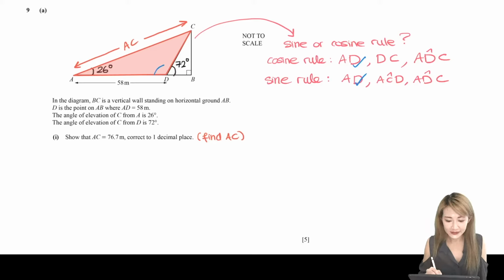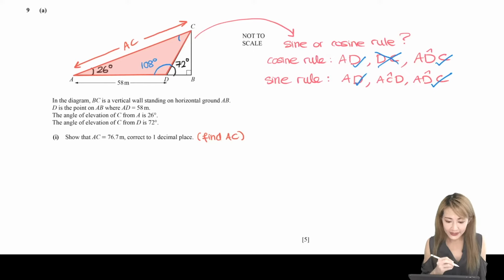Angle ADC we can find because the angle in a straight line is 180 degrees and ADB is a straight line. So the angle ADC is equal to 180 minus 72 degrees. So that's 108 degrees for angle ADC. There's no way that we can find DC easily right now.